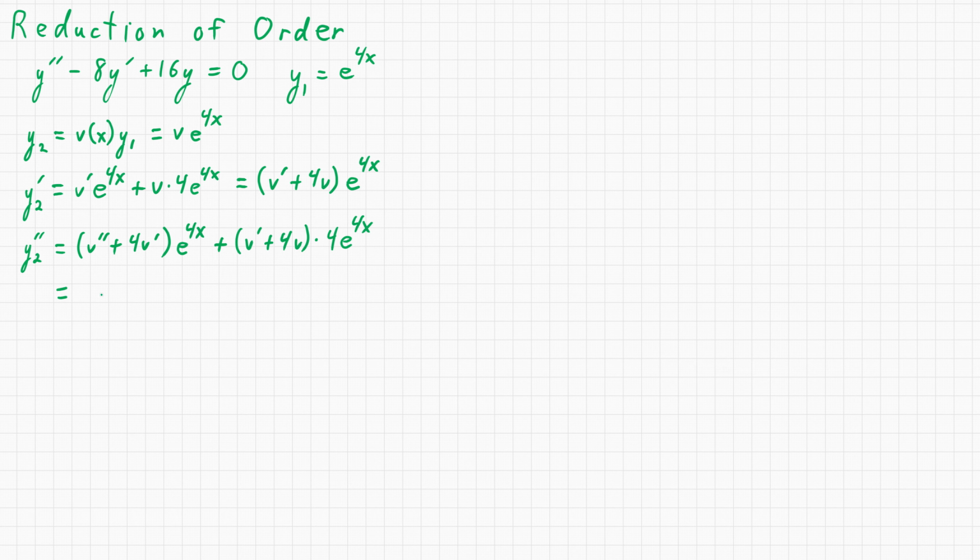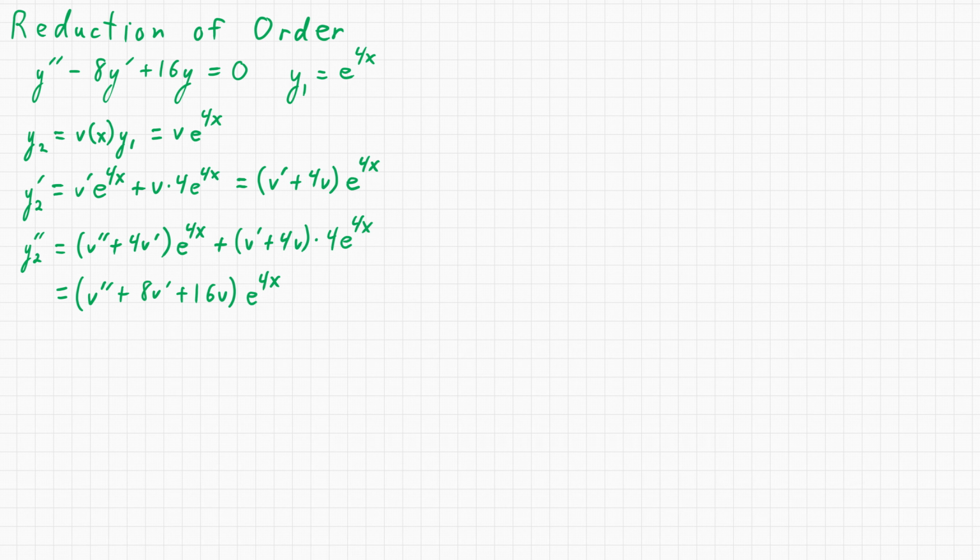Then I want to simplify this if I can. I've got a v double prime, I have a 4v prime here and another 4v prime here, so that's 8v prime. Then I've got 4 times 4v, plus 16v, and that's all times e to the 4x.